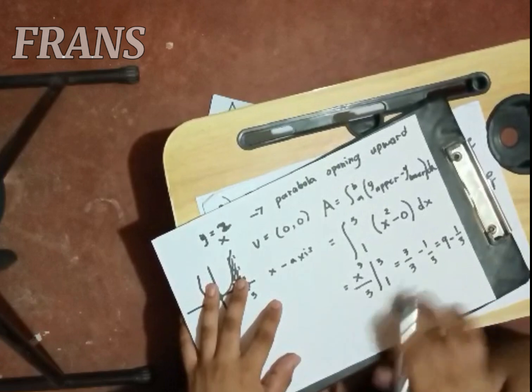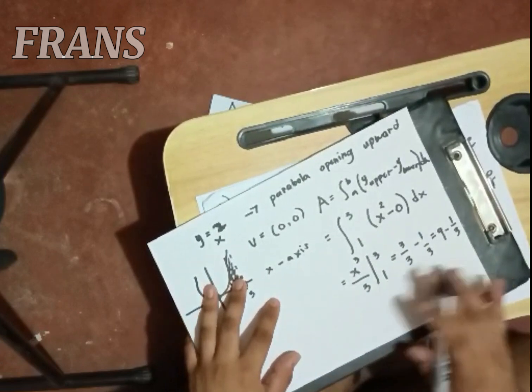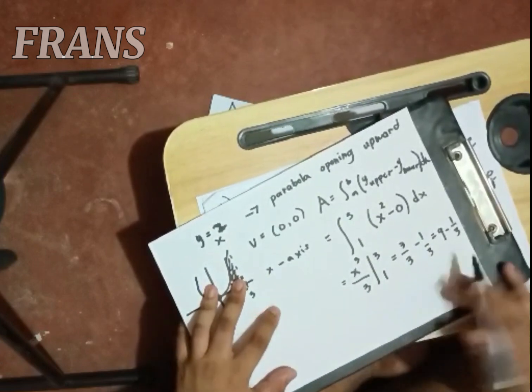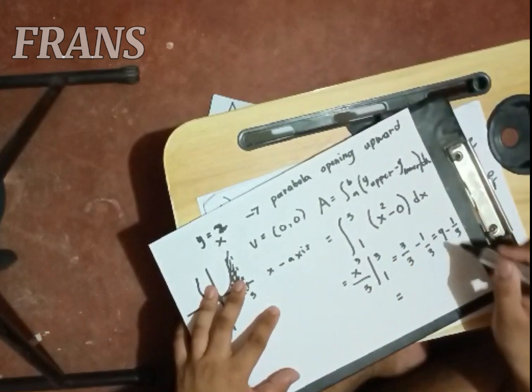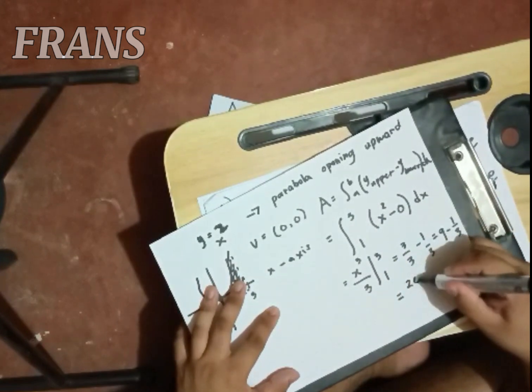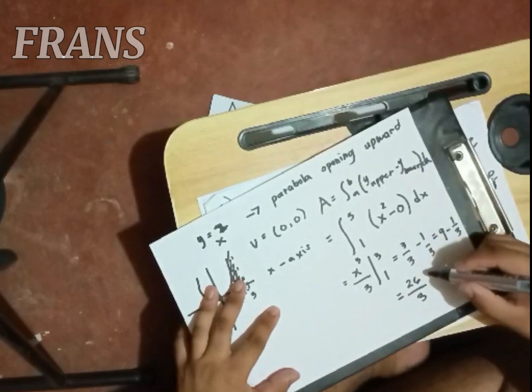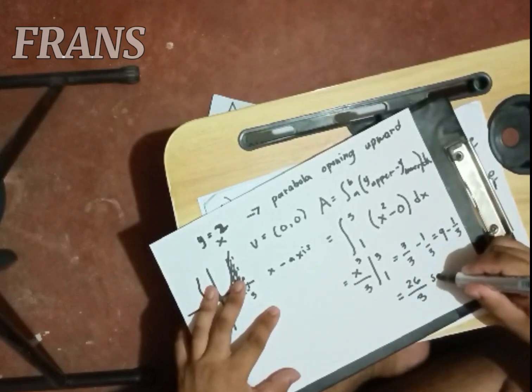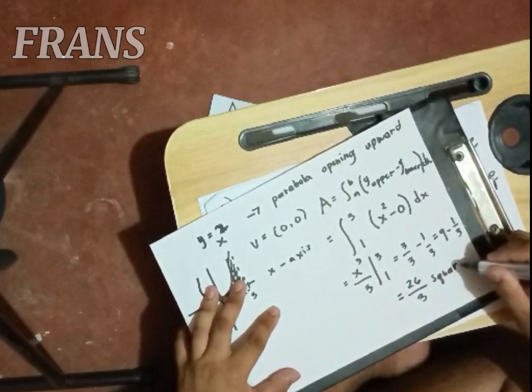To make it easier, you can just use a calculator. The answer for this is 26 over 3 square units.